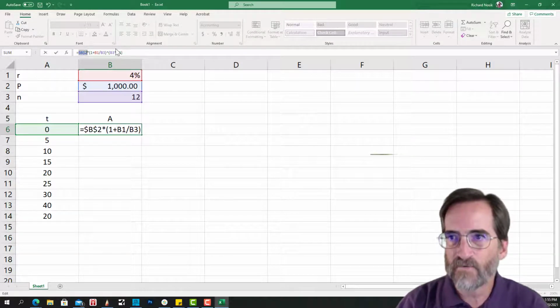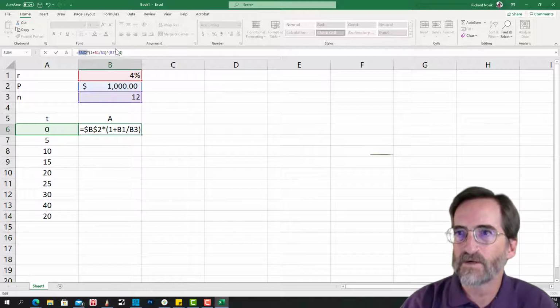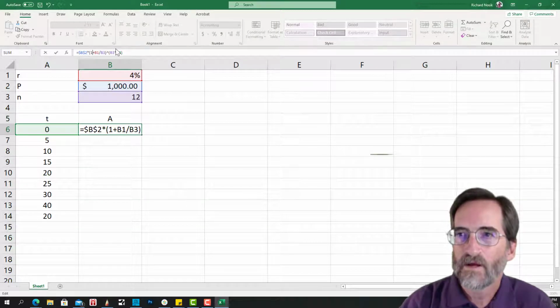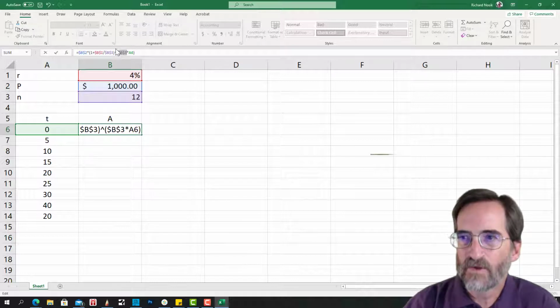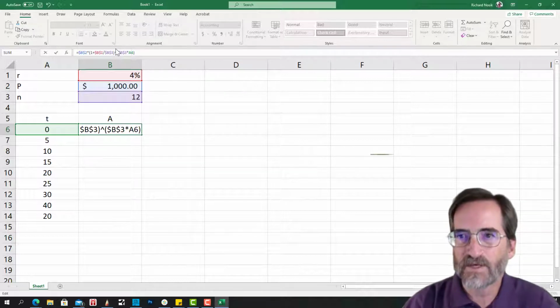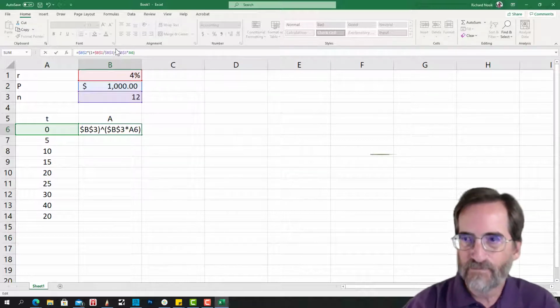So I'm going to hit the F4 key, and you're going to see $B$2. The cell B1, I always want that to refer there, so F4 for that. That's called an absolute reference. B3, I always want that to refer there, so F4 for $B$3. The only one that doesn't have dollar signs is A6, which is our time.